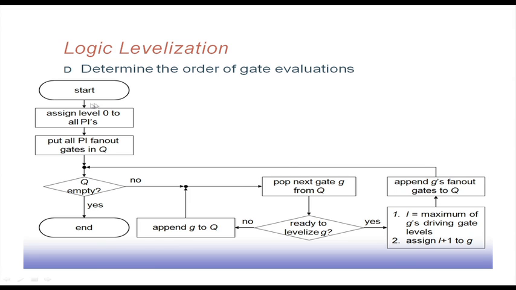Since its inputs are all coming from the primary inputs only, their values are known, so we can assign some level to this. Is it ready to levelize? Yes, because all the inputs are known to it.